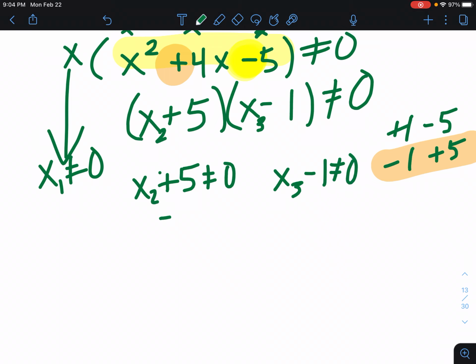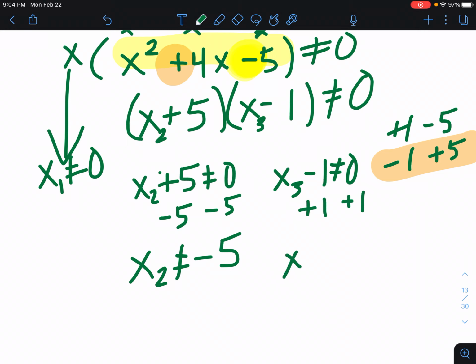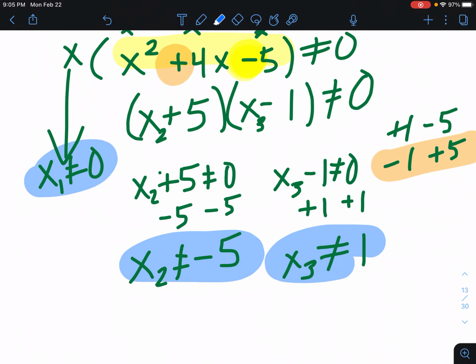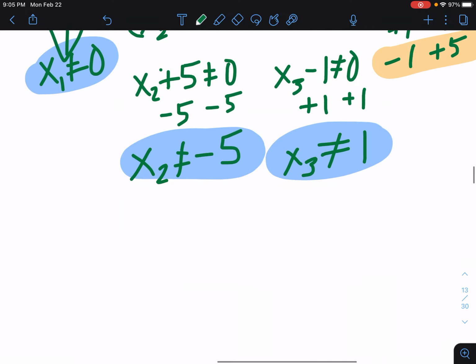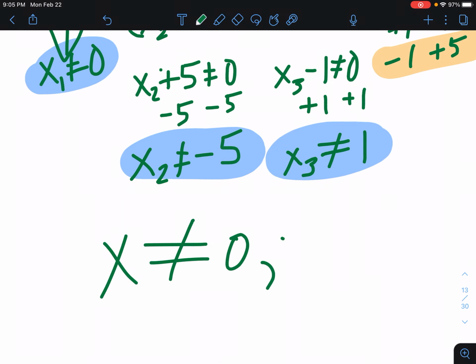For the first one, I would subtract 5, so x cannot be equal to negative 5. And the last one, I would add 1 to both sides, so x cannot be equal to 1. So I have my three domain values here. To wrap this up, I would say x cannot be equal to 0, negative 5, nor 1.